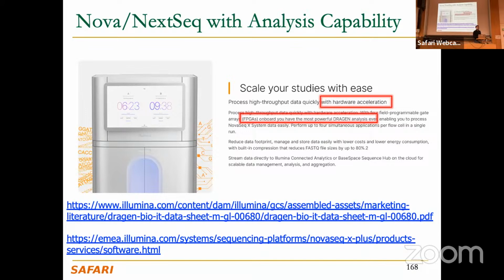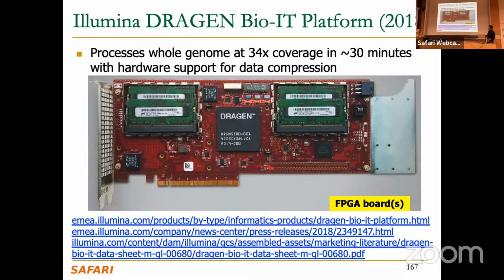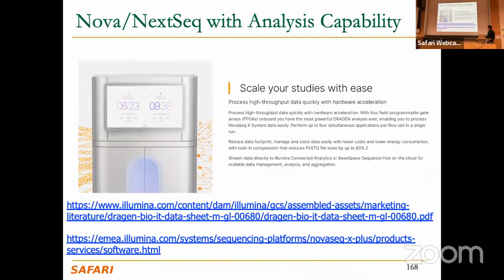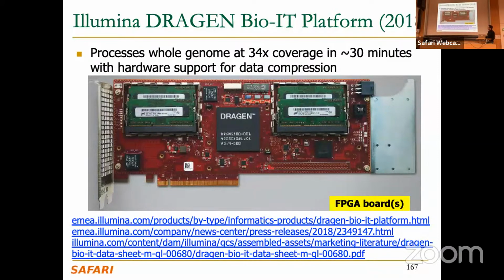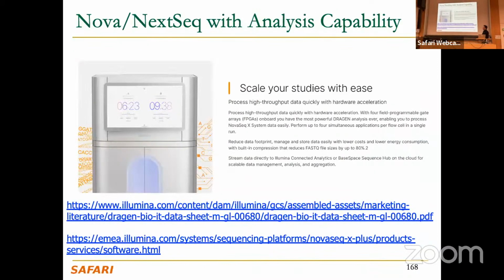So biotech companies are already realizing the importance of this. This platform is DRAGEN, and I was lazy enough not to update the slide, but there has been a recent publication related to this a few days ago in Nature. There is actually further improvement.